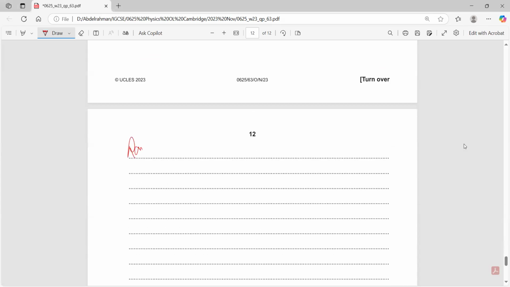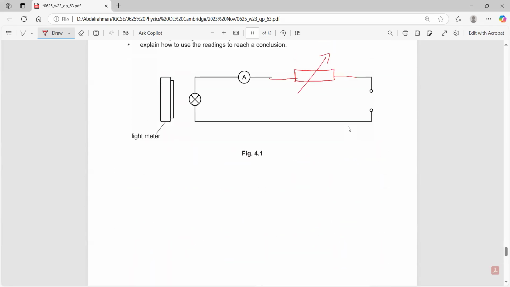Range of values. We can give several values for the current. So, for example, 1 ampere, 2, 3, 4, and 5 amps.